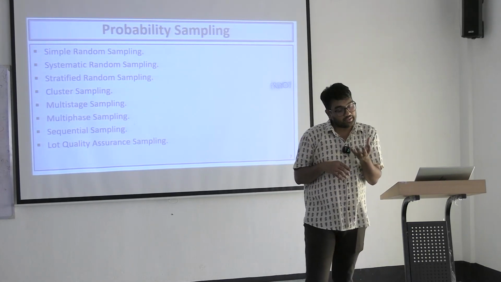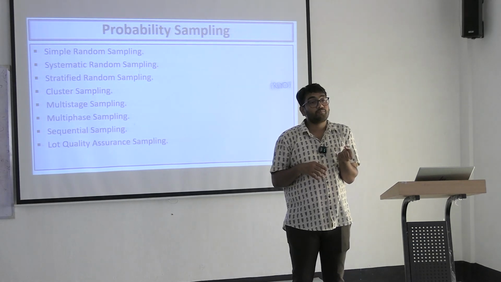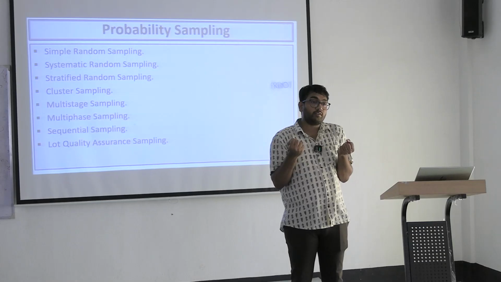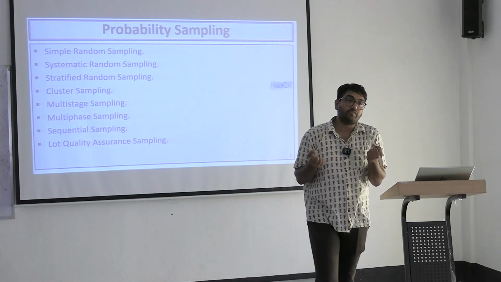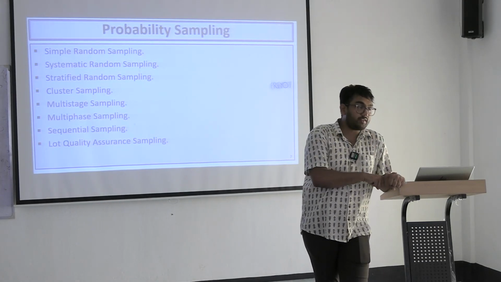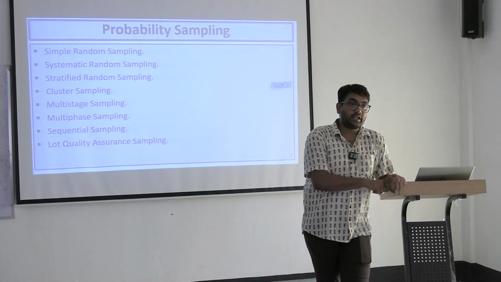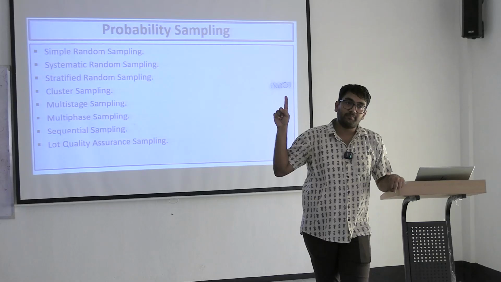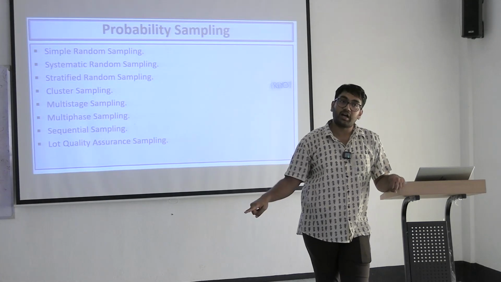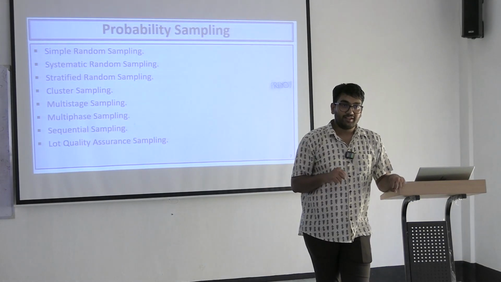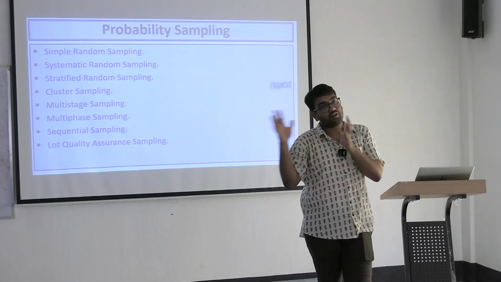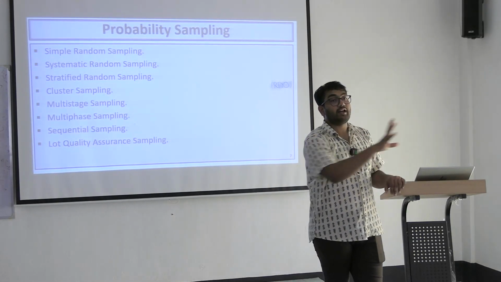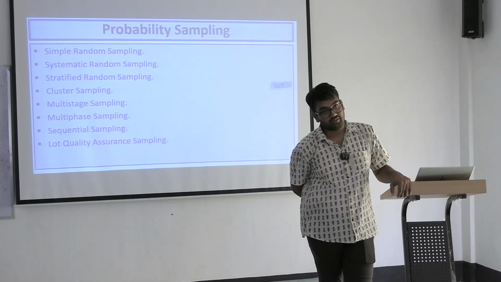For example, we are selecting hypertensives and non-hypertensives. For every hypertensive that we select, if this hypertensive is a middle-aged female smoker, then I will select a middle-aged female smoker non-hypertensive, such that my cases and controls are comparable in every other aspect other than my exposure of interest.